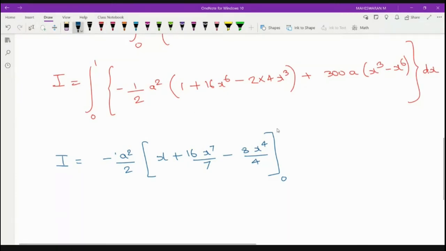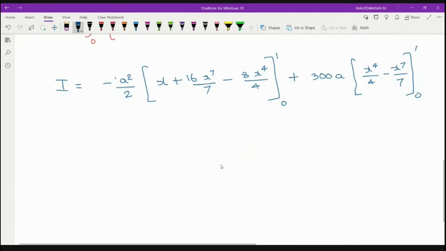Plus 300a is common term. I will take it out. So integrating this, x square, x cube, x power 4 by 4 minus x power 7 by 7. The limit is 0 to 1. So just apply it.